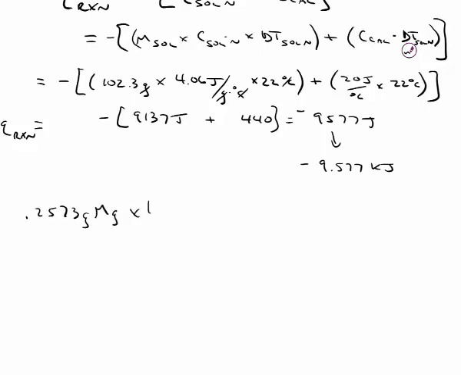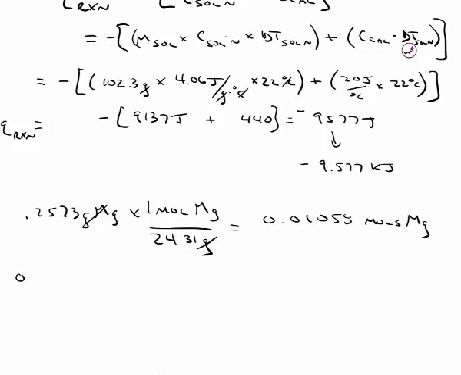Multiply that by the molar mass, so 1 mole of magnesium over 24.31 grams. That cancels out grams of magnesium, and I have 0.01058 moles of magnesium.